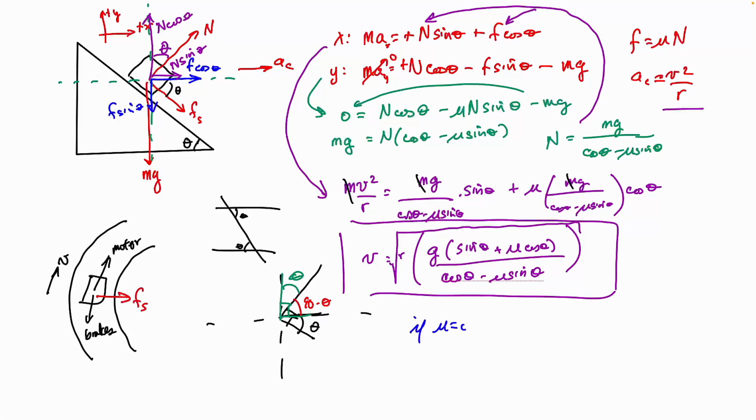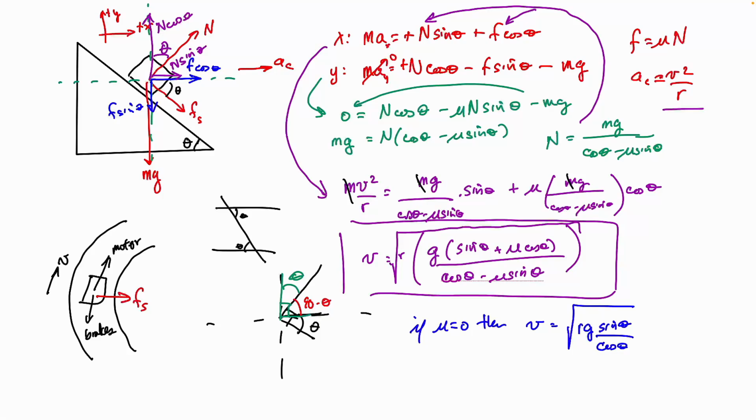Okay. So in our what ifs, right? If mu goes to zero, if we hit an icy patch, then what is our v going to be? Well, it's going to be the square root of r times g times the sine of theta, and the mu cosine theta goes away, right? Divided by cosine theta, because the mu sine theta goes away, right?